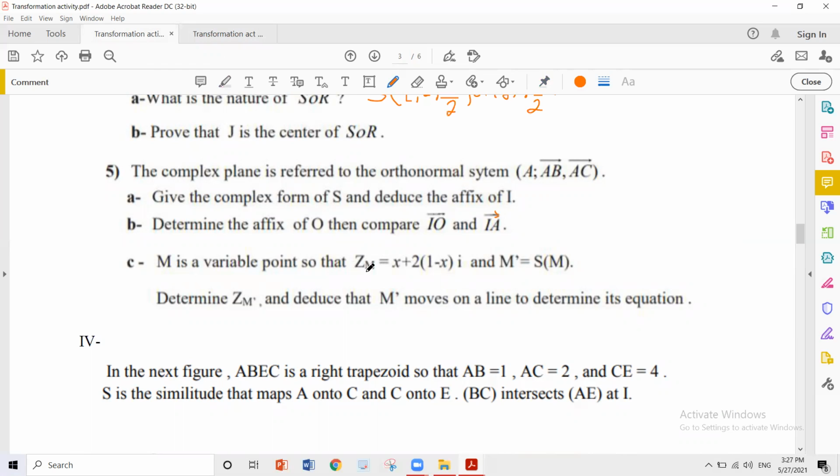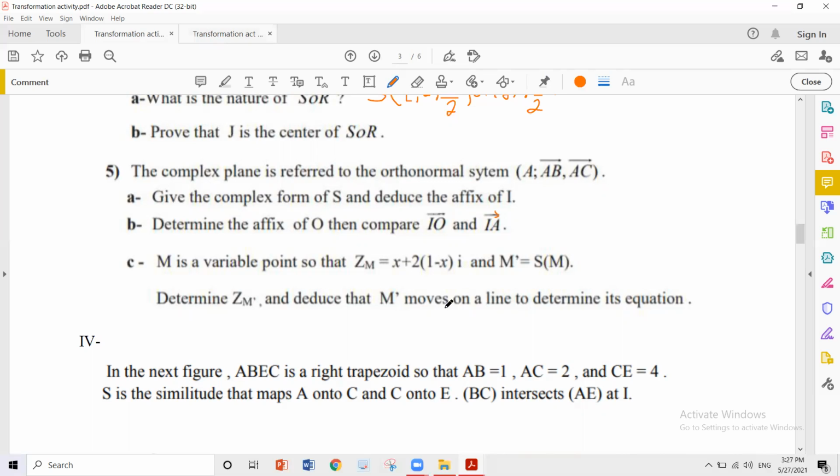M is a variable point such that zM equals x plus 2, 1 minus x i, and M prime is the image of M, S of M. Determine zM prime and deduce that M prime moves on a line to be determined.